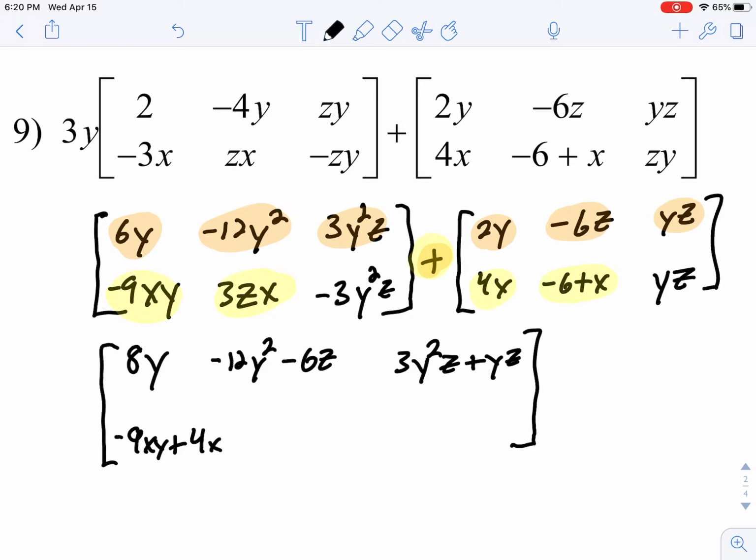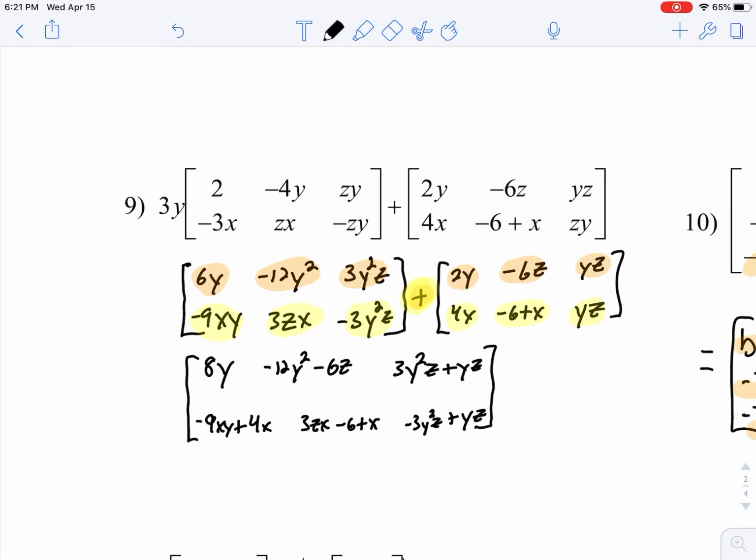And wow, this is going to be hard to fit. 3zx plus minus 6 plus x. So that little trinomial there is an entry into the matrix all in and of itself. And then finally, this plus that, not like terms, so negative 3y squared z plus yz.